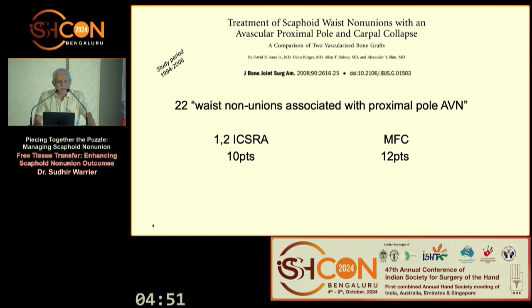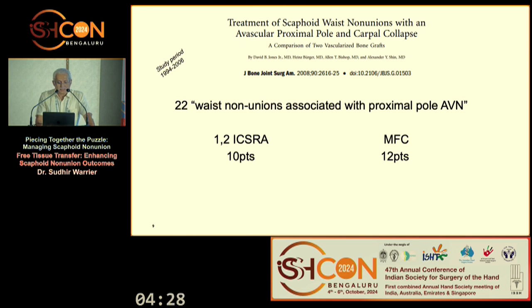So different papers, we've seen a large number of papers and numbers being thrown at you, and it makes it so confusing to try and decide what is happening. But here's something that is specific, looking at non-unions associated with a proximal pole AVN, which is a completely separate entity as far as we are concerned.